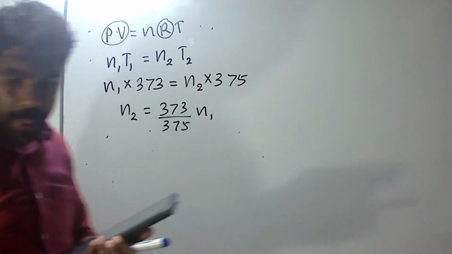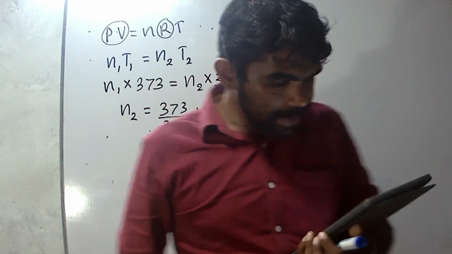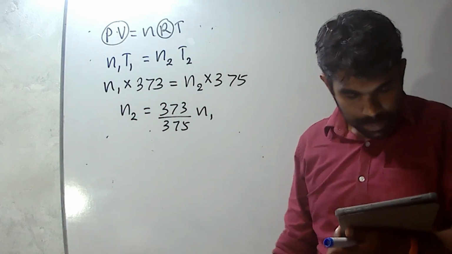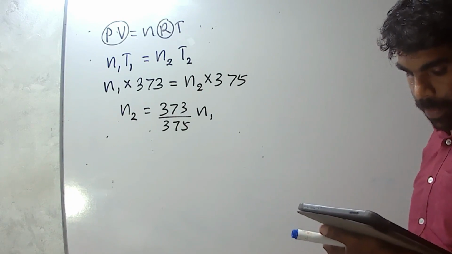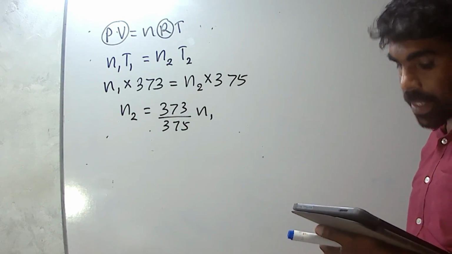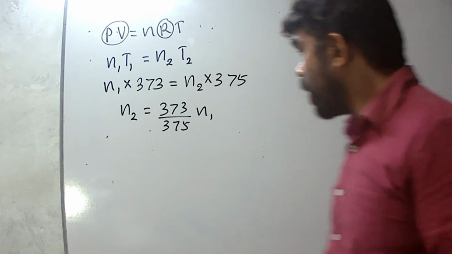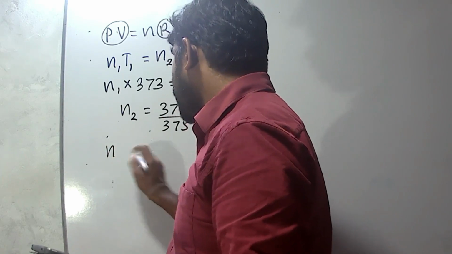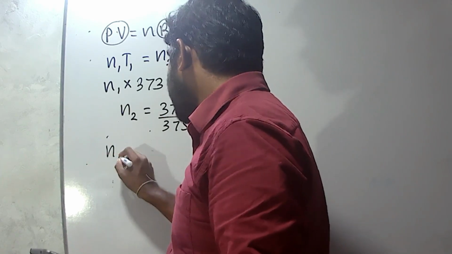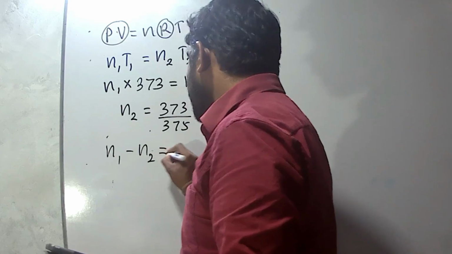Now we have to find the fraction of air escaped, approximately. Then the number of escaped air moles, we can get by subtracting N1 and N2.